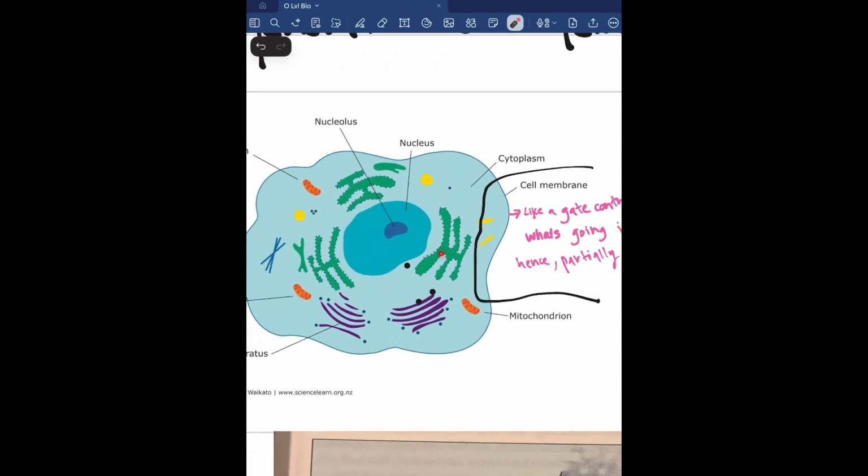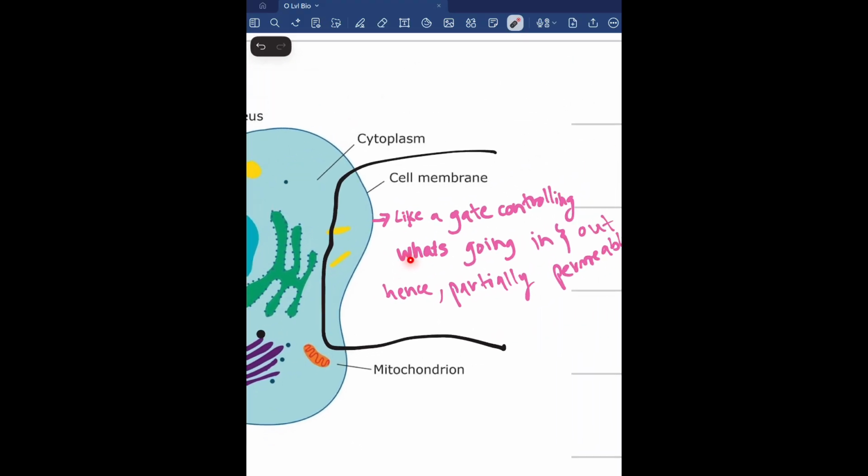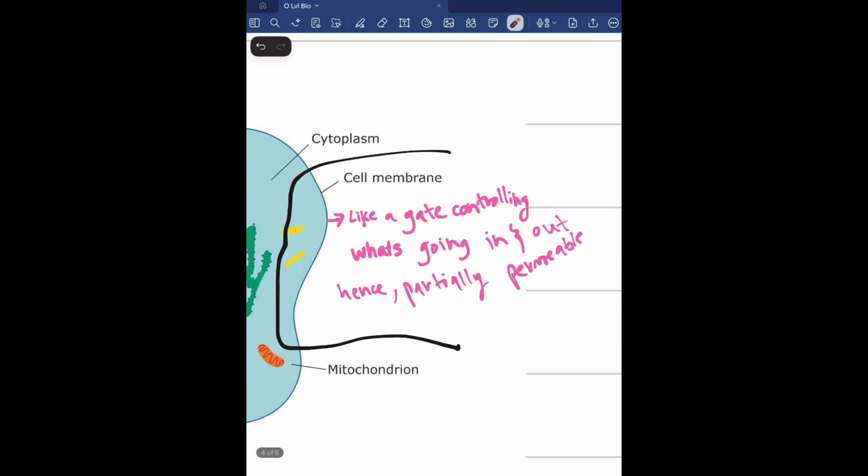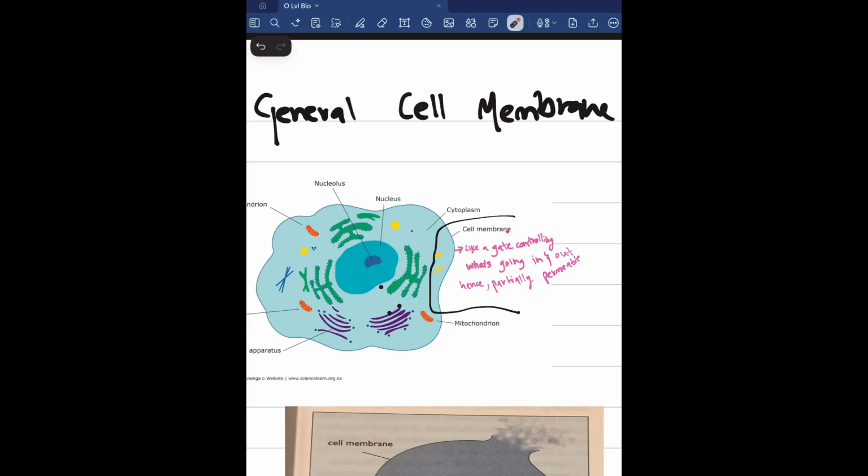This thing is called the cell membrane, which is the thing which encloses all the contents of the cell. And the cell membrane, think of it like a gate which controls what's going in and out. Hence, again, the cell membrane is also partially permeable. And this, by the way, is an animal cell.